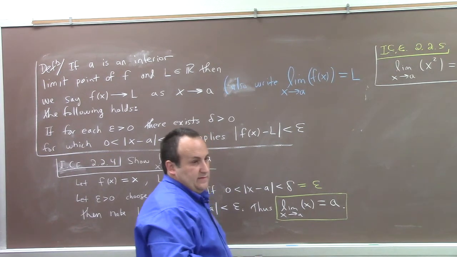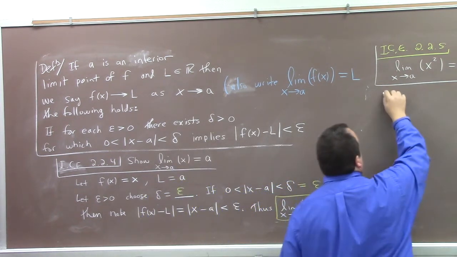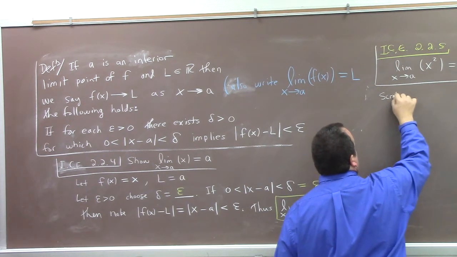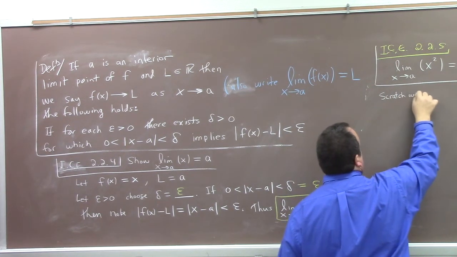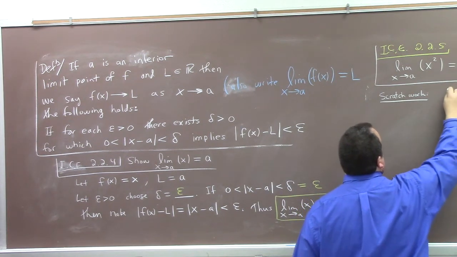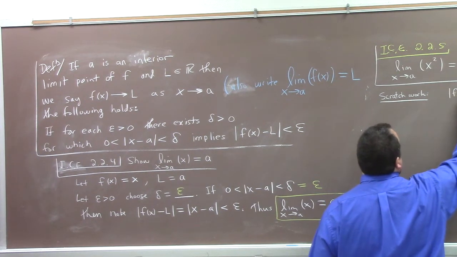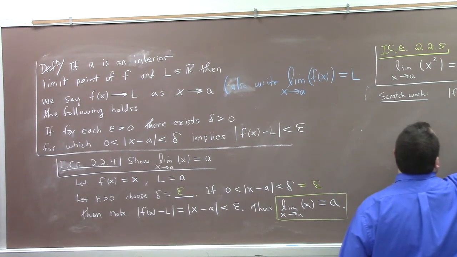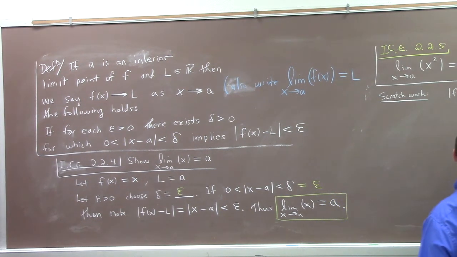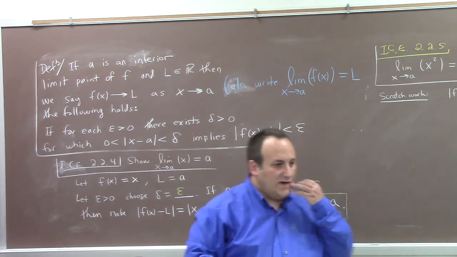All right, so let me just show you some scratch work here. We are going to want to have absolute value of f of x minus L, which is absolute value of x squared minus a squared, less than epsilon, right? That's what we want.